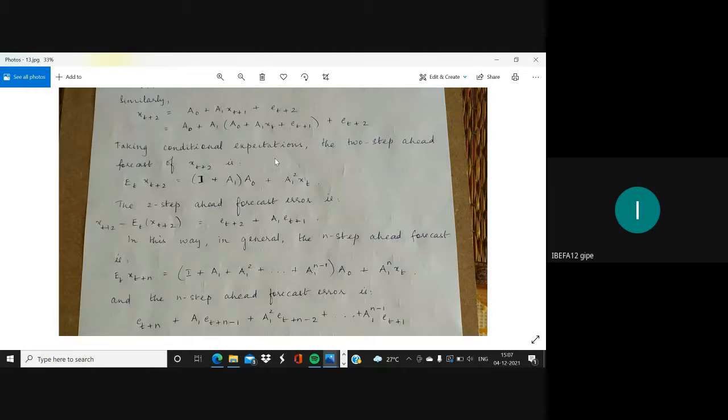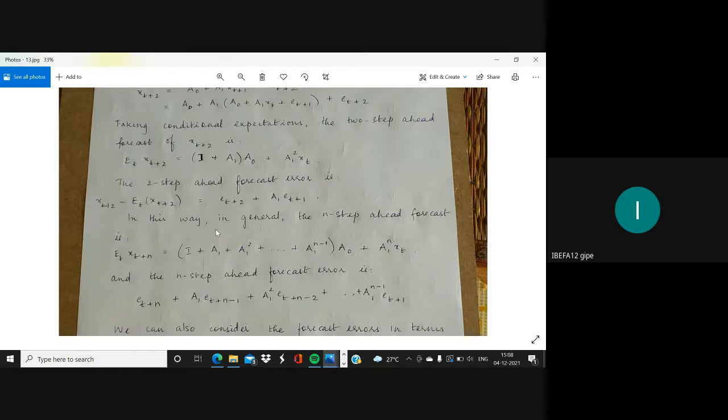Taking conditional expectations, the 2 step ahead forecast of xt plus 2 is this, the expected value of xt plus 2 based on information available at time t. So the 2 step ahead forecast error will be this.